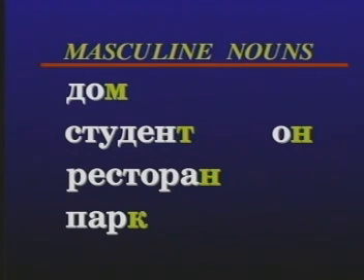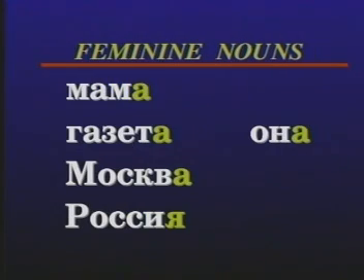And within a sentence, we can replace any masculine noun with the pronoun он, which means he or it. Он, as a masculine pronoun, also ends in a consonant. So we are being very consistent here. Let's look at feminine nouns.